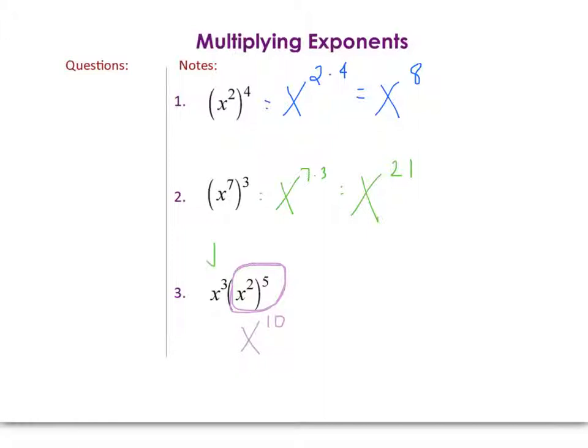Well, I have this guy out front, and all I'm going to do is bring him down and multiply x to the 3rd times x to the 10th. Well, yesterday we said if I'm multiplying like bases, I can add the exponents, so I get x to the 13th.